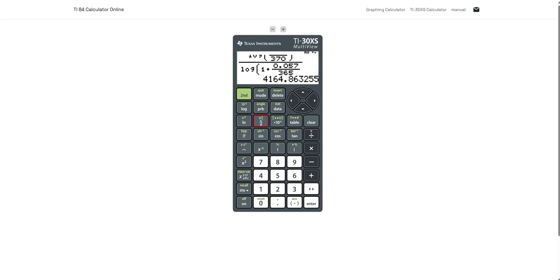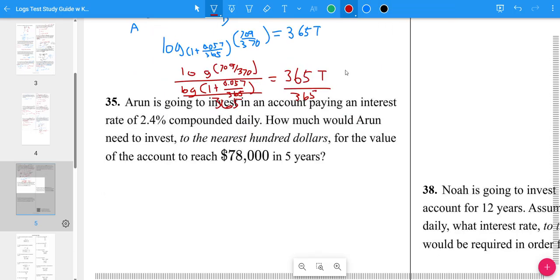Type that first part in. And then, like I said, I need to divide by 365. So approximately, we're rounding to the nearest year, so that would be 11. So t is about 11.